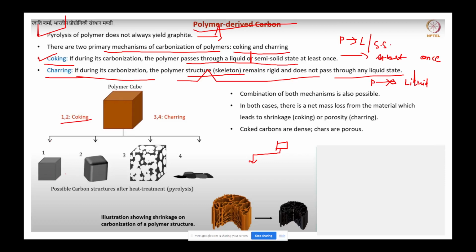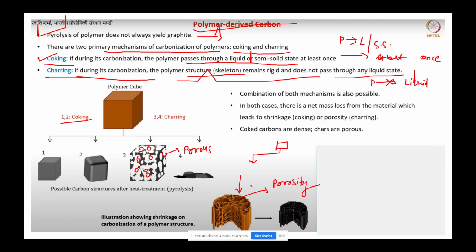You can see this kind of porosity generated in charring.